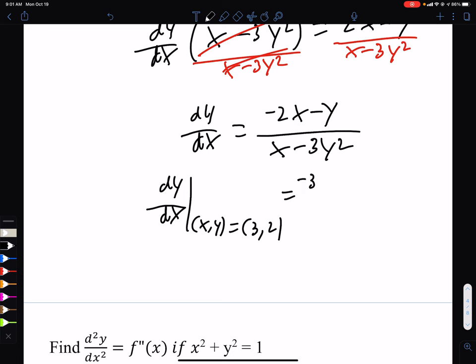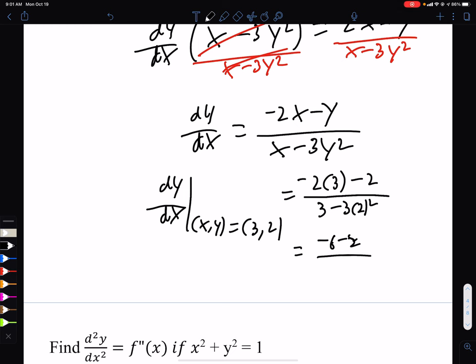Whoops, that's not right. 3 minus 2 over 3 minus 3 times 2 squared. And that's going to be negative 6 minus 2 over 3 minus 12, which is negative 8 over negative 9. 8 over 9. I hope I did the math right.